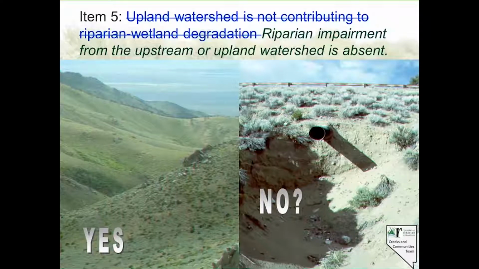However, let's say above that pipe, there's been pretty severe urbanization, and now you've got really, really flashy flows coming through that pipe, and where it hadn't been an issue previously, now it is. You may answer that as a yes because of the change of the condition of the upstream or upland site. Actually, the reason for the question mark in my mind is that the obvious sediment supply being provided to the downstream places here may or may not get to the channel, and even if it gets to the channel, it may or may not cause degradation of the riparian zone down below.